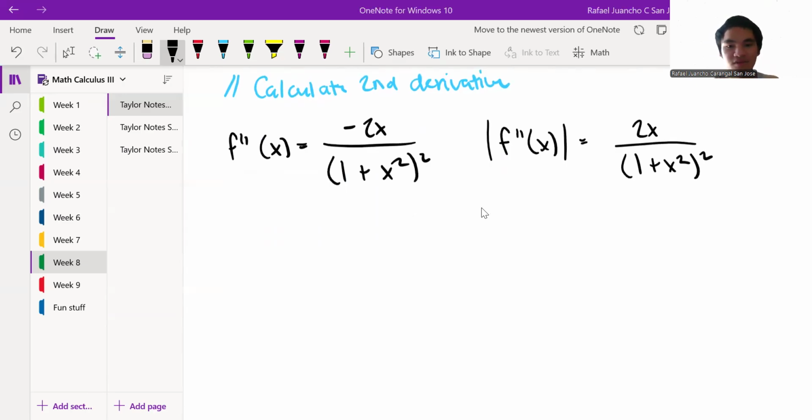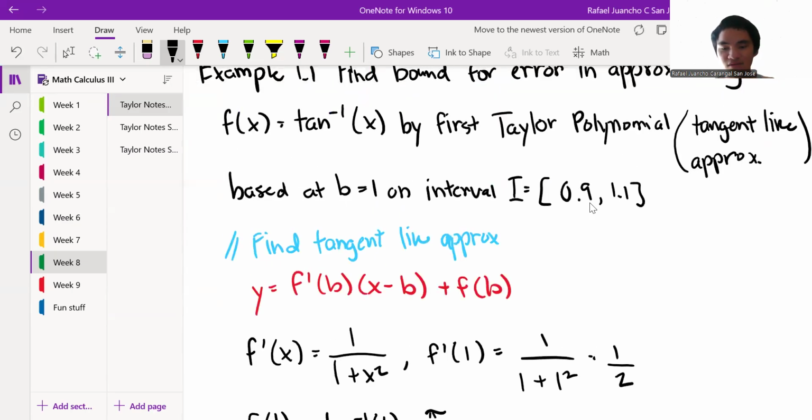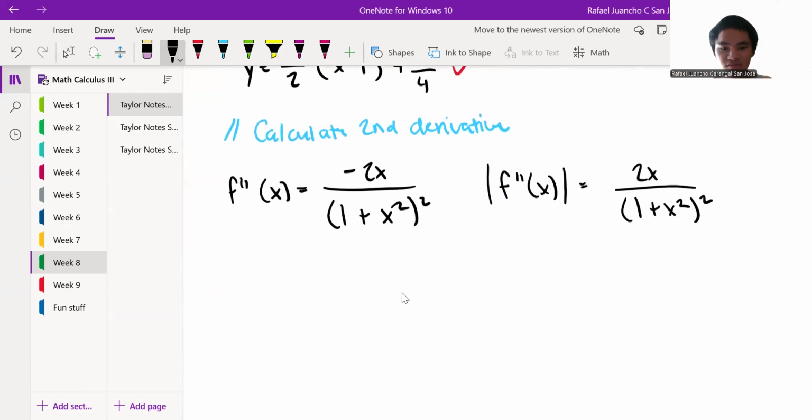Now let's compute the derivative. We can show that our f double prime is decreasing on the interval I, right? How is it decreasing? Yeah, how is that decreasing? 0.9 to 1.1. So that its maximum value on I is equal to its value at x equals 0.9.